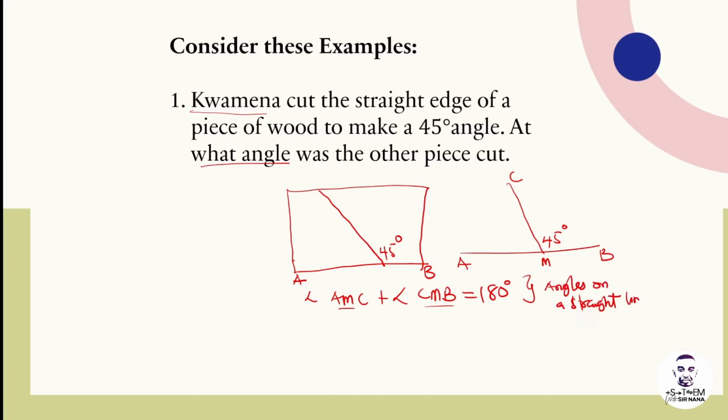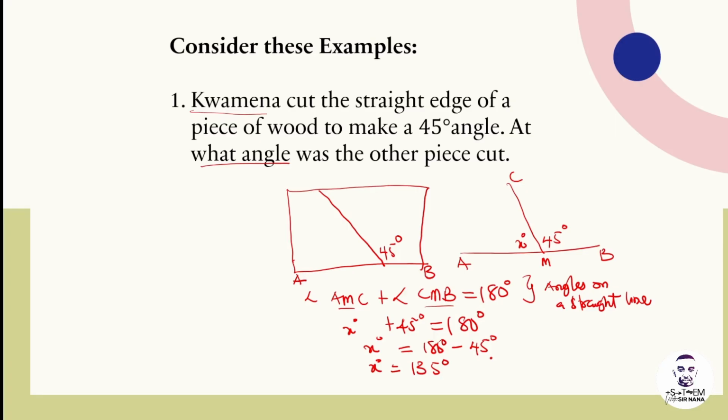So these are angles on a straight line. We can assume that this angle is x degrees, which is AMC. So you can say x degrees plus 45 degrees is equal to 180 degrees. So we can make x the subject, where we would have 180 degrees minus 45 degrees. So it means that our x degrees will be equal to 135 degrees.